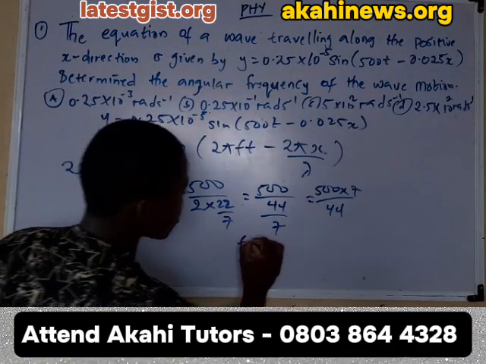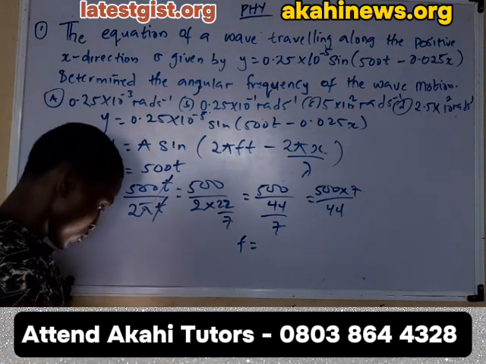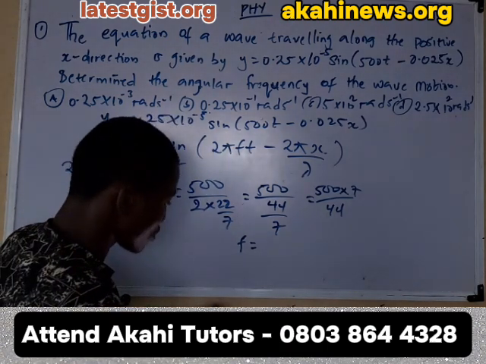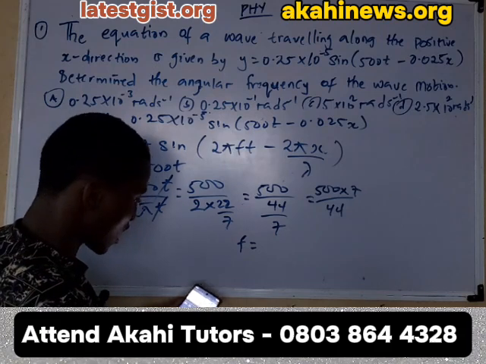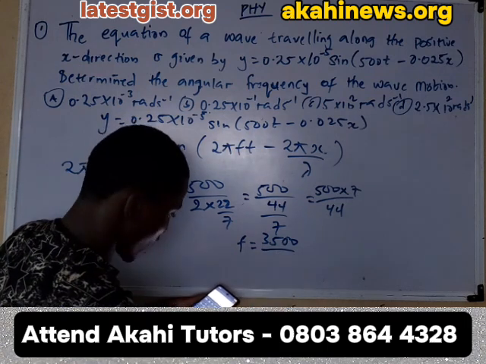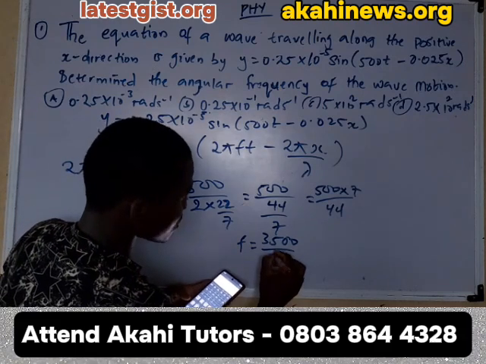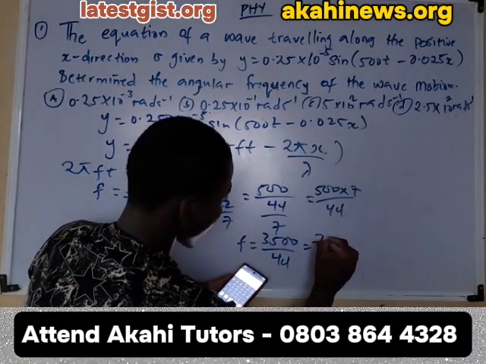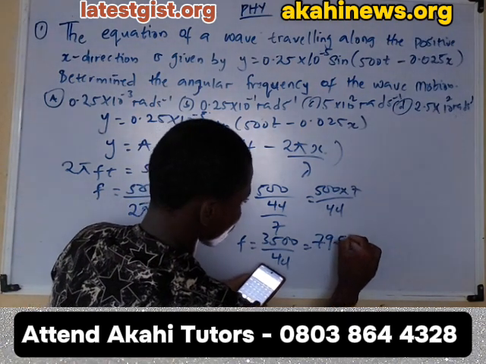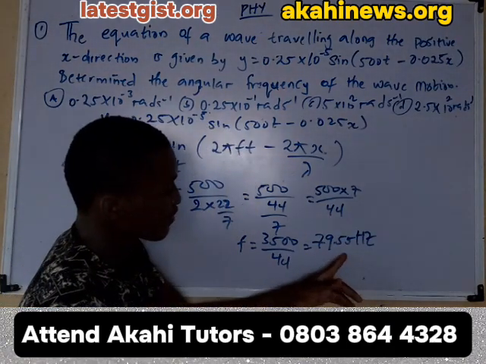Our frequency will now be 500 times 7, which is 3,500, divided by 44. We now have 79.55 hertz.